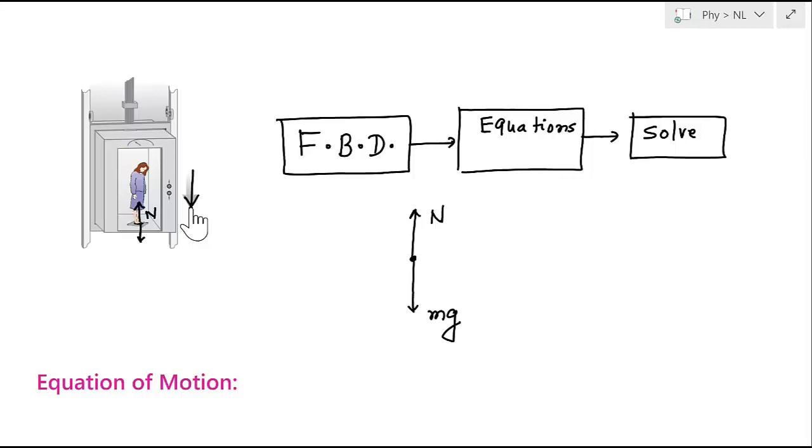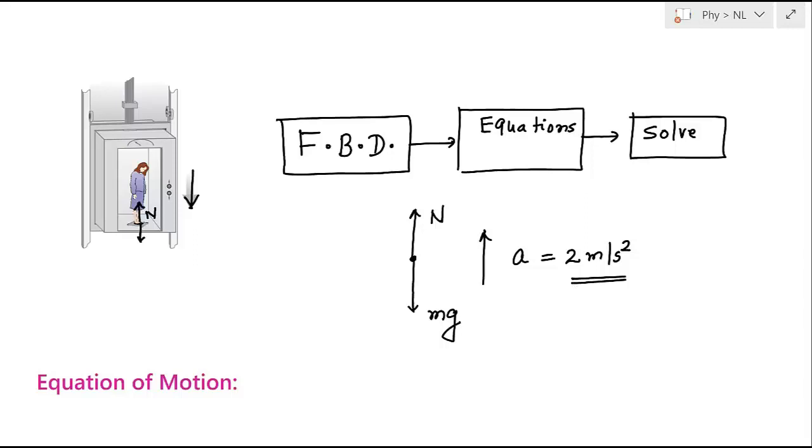This means it has a deceleration in the downward direction. So you will have an acceleration of the same amount in the upward direction, with a magnitude of 2 meter per second square. So you can write a is equal to 2 meter per second square in the upward direction. In other words, since this elevator is decelerating in the downward direction, it is basically accelerating in the upward direction, and the magnitude is 2 meter per second square.